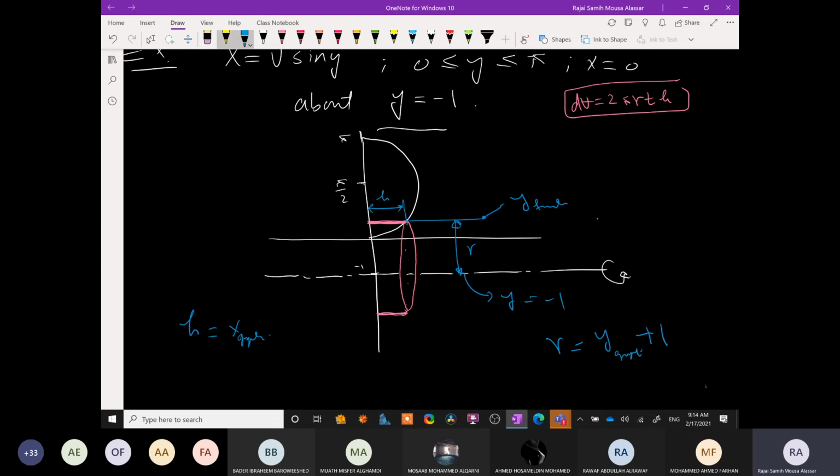So what is my dv? Is it 2 pi? What is r? R is y of the graph, as your friend suggested, +1. Multiply by the thickness. What is the thickness here? dy.